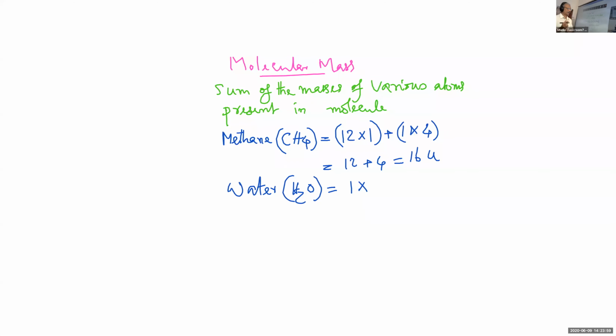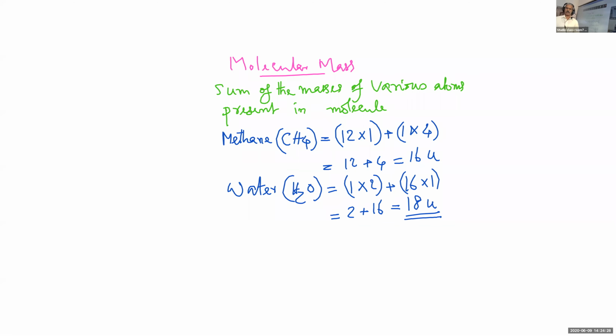There are 2 hydrogen atoms, so 1 into 2, plus atomic mass of oxygen. As you know, it is 16. There is only 1 oxygen atom, so 16 into 1. That is 2 plus 16, equal to 18 U. That is the molecular mass of water.